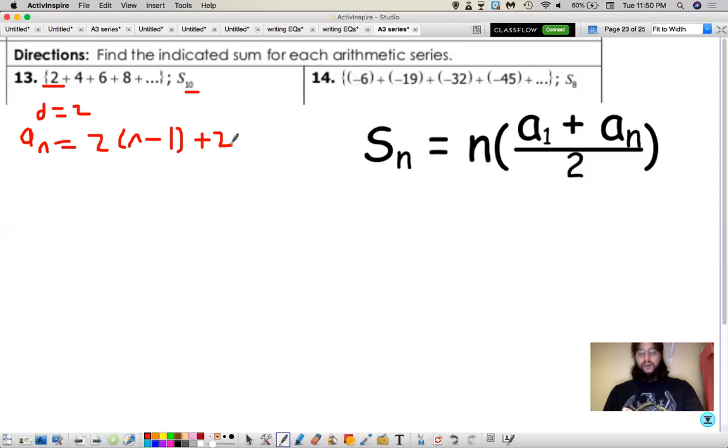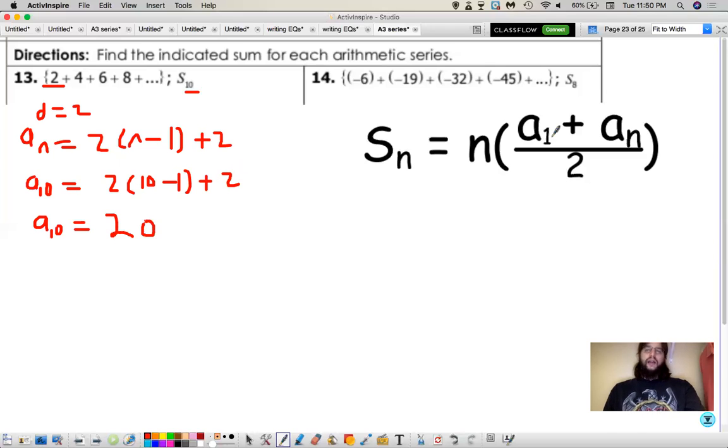Which term is my last term? a10. So first I've got to figure out what a10 is. 2 times 10 minus 1, plus 2, which is just 20. Type it in the calculator. So a10 is 20. That's not my answer though. I now have a1, an, and n.